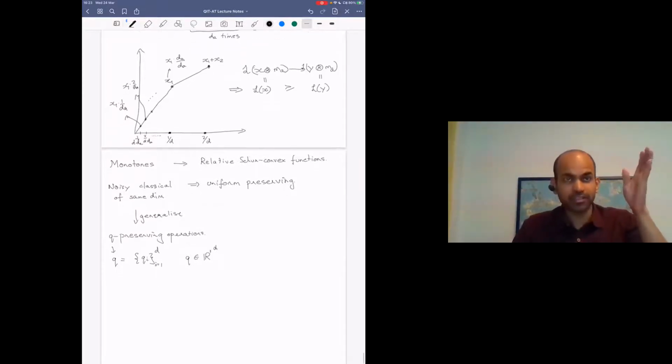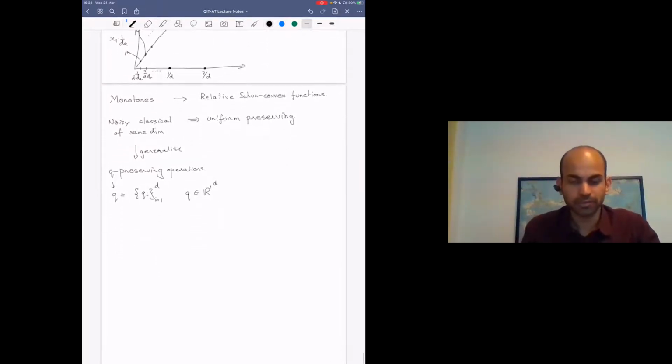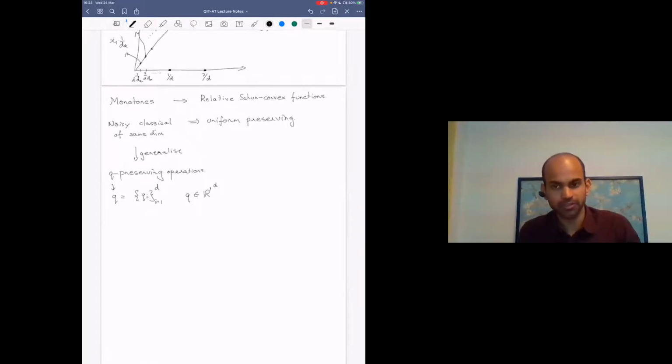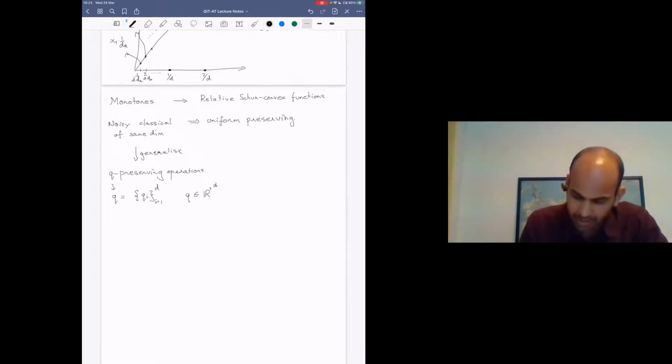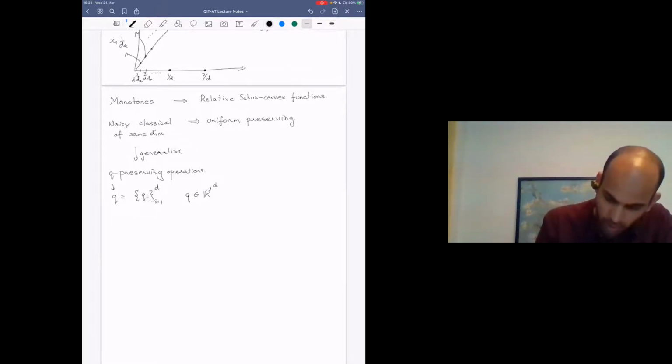So you fix a special distribution Q, and you ask for all of the linear operations on a vector that have the property that if you input Q into them, they will also give you Q as the output. And so then this is just nomenclature.